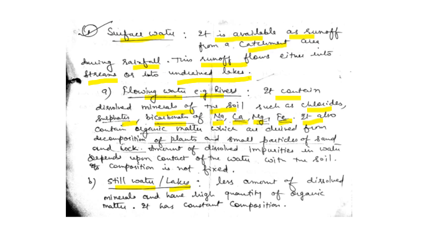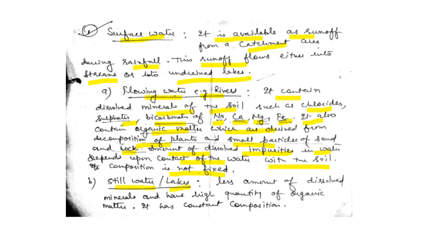It also contains some amount of organic matter, which is derived from the decomposition of the plants, and small particles of sand and rock. It means a lesser amount of organic matter is present in this type of water. The amount of dissolved impurities in this kind of water depends on the contact of the water with the soil, and its composition is not fixed because it is flowing.